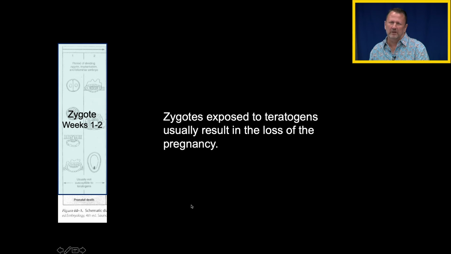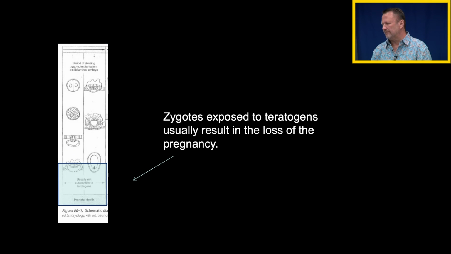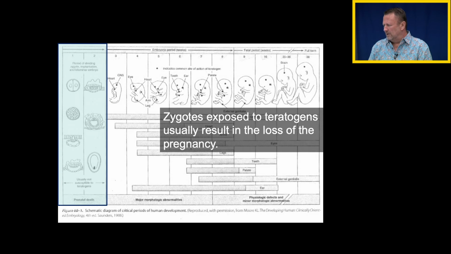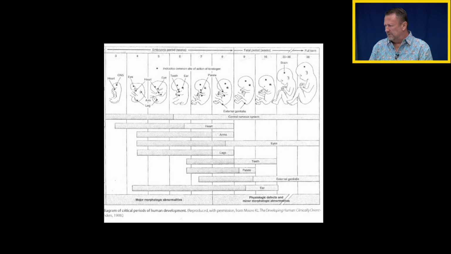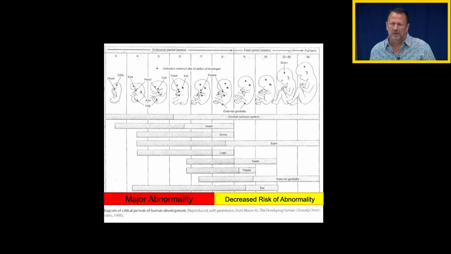And so when we talk about teratogens, we don't talk about the zygotic period, because if the pregnancy is just completely lost, it does not result in birth defects. That's why we don't even look at the zygotic period when we talk about teratogens.